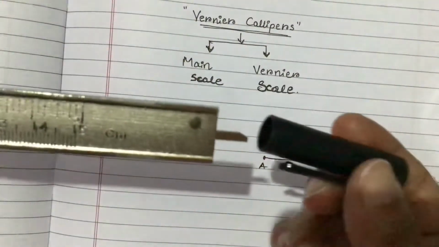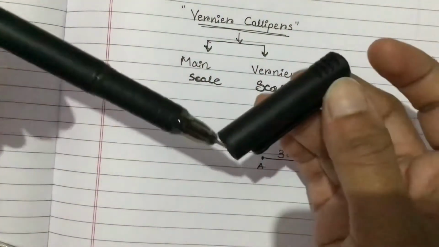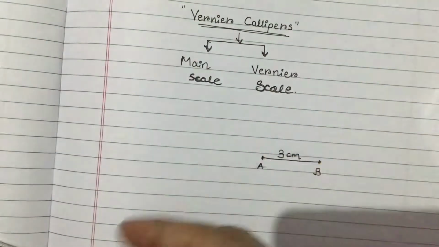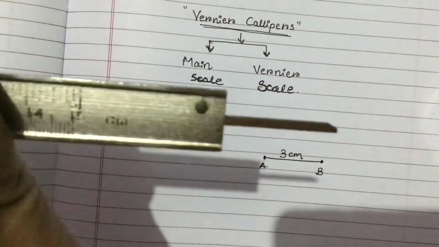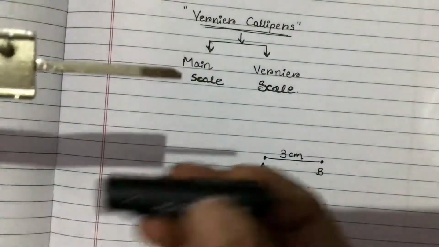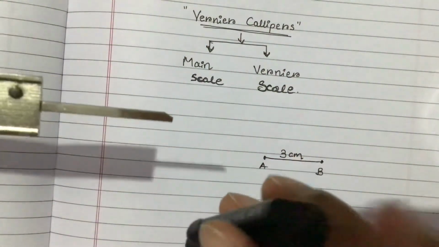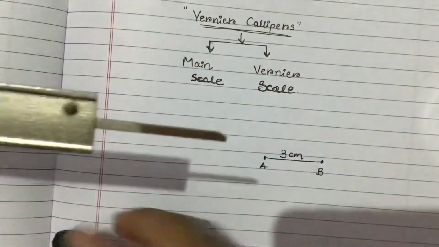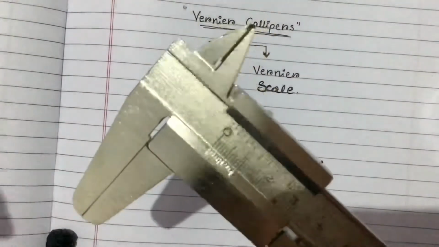You open the depth gauge like this, and then insert it inside until it reaches the end, and that way you can measure the depth of any particular object.